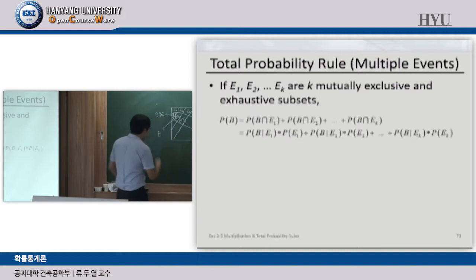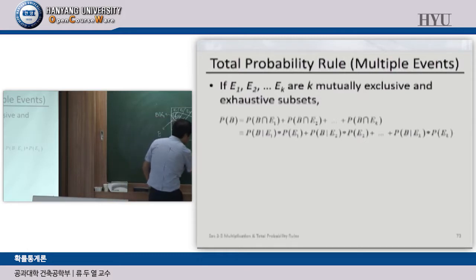So in this case, the probability of the subset B equals the summation of the probability of the intersection of B and E1, and the probability of the intersection of B and E2, plus the probability of the intersection of B and Ek.